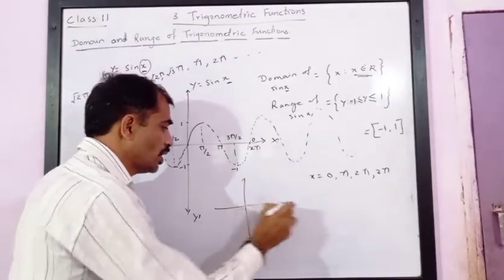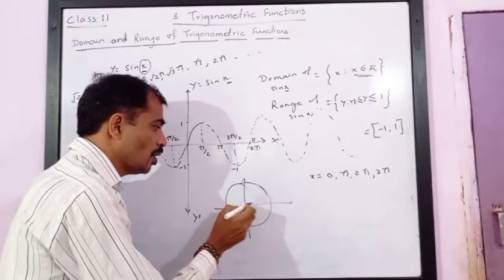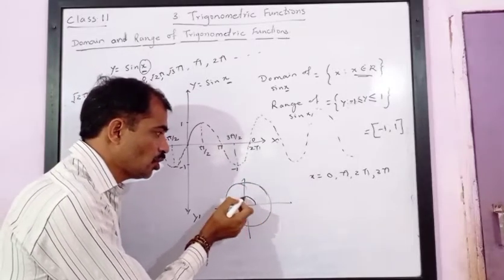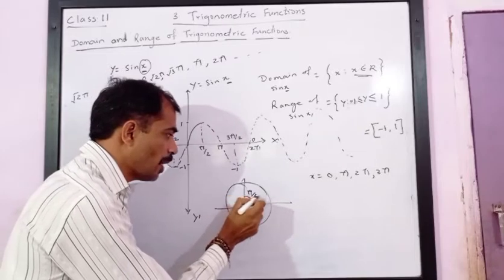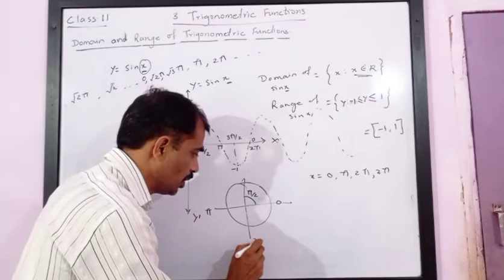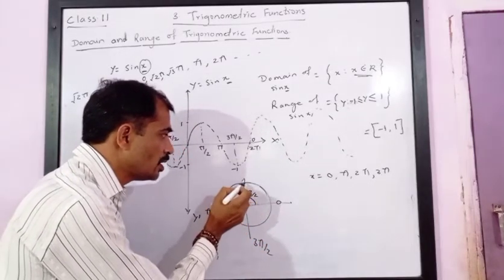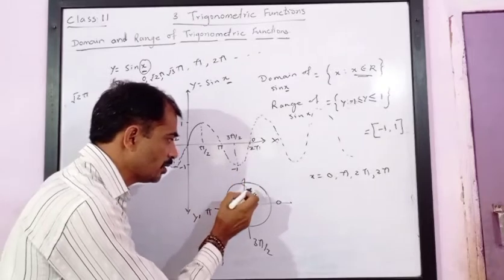This can be understood in this way also. This is 0 angle, this is pi by 2, this is pi angle, this is 3 pi by 2 angle. When the angle increases from 0 to pi by 2, sin's value increases to 1.